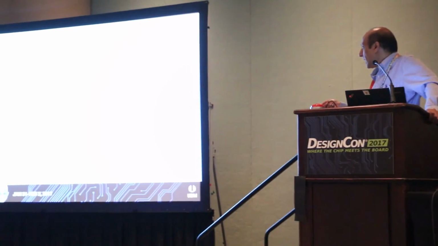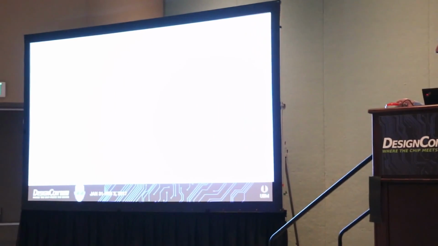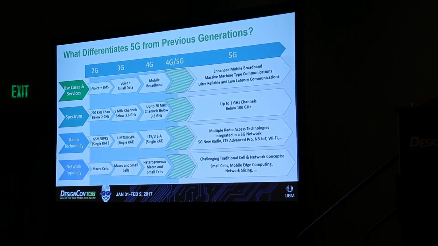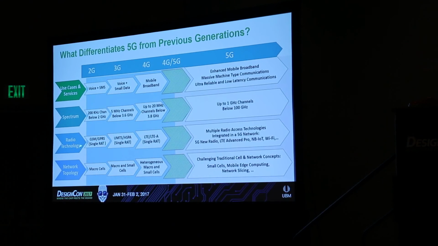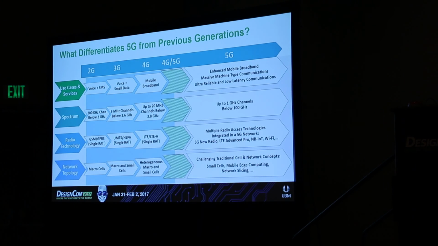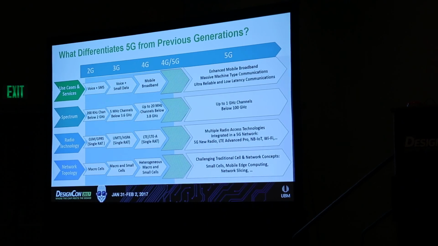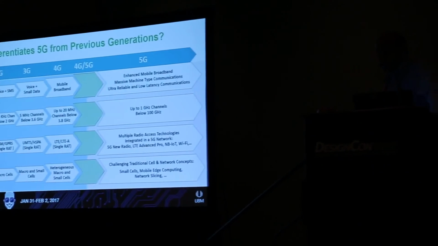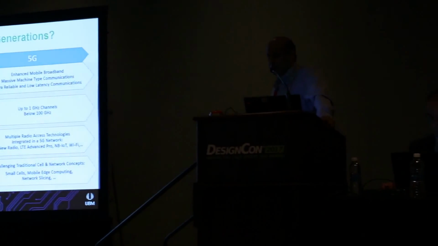And then on the radio side, traditionally we've evolved from single radios, changing the types of modulation to get higher and higher performance through to today's LTE standard. With 5G, we're looking at essentially multiple radio technologies. And if you look at the work that's been done in 3GPP, there are also intentions to connect with wired networks as well as wireless networks.